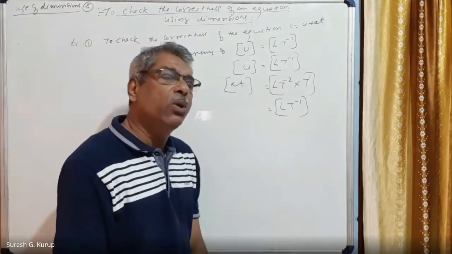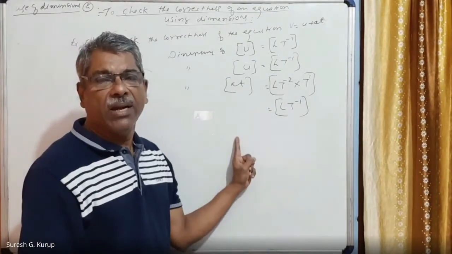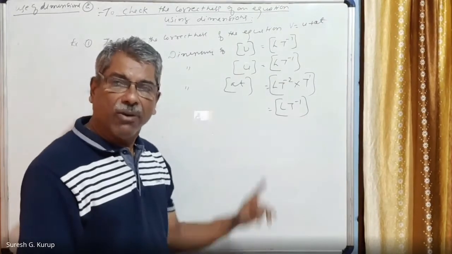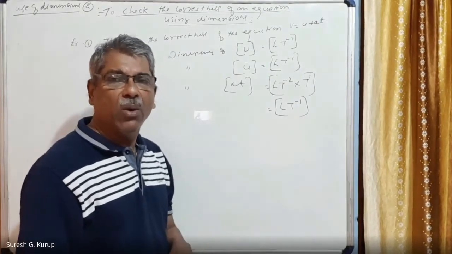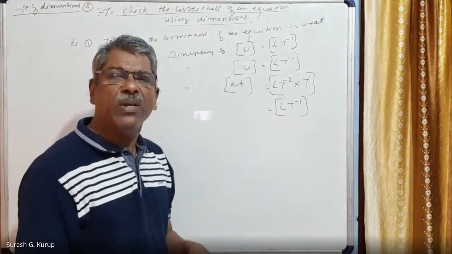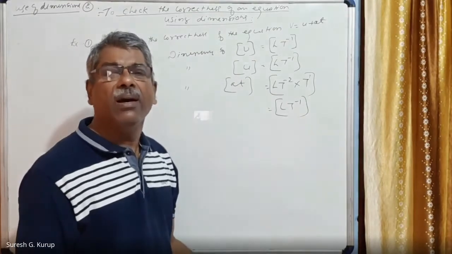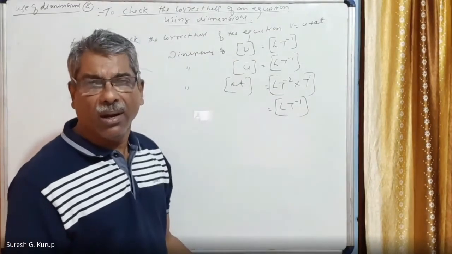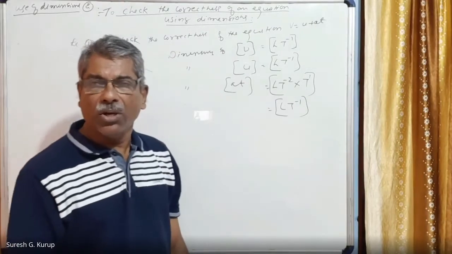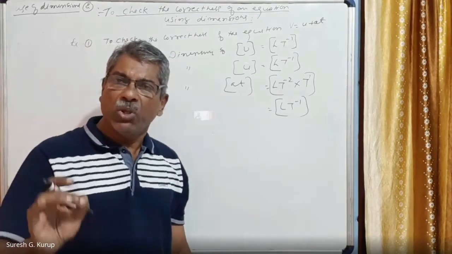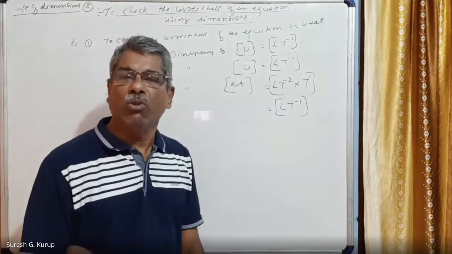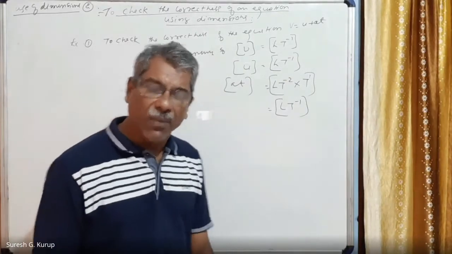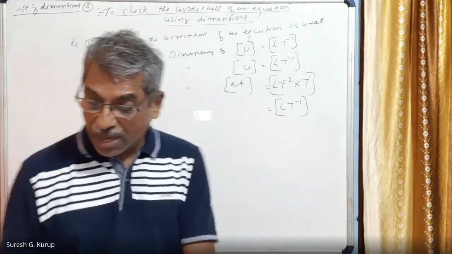Then only we can say that the equation is dimensionally correct. From this, one more thing we understand is that only quantities having the same dimension can be added or subtracted. This is the theory used.